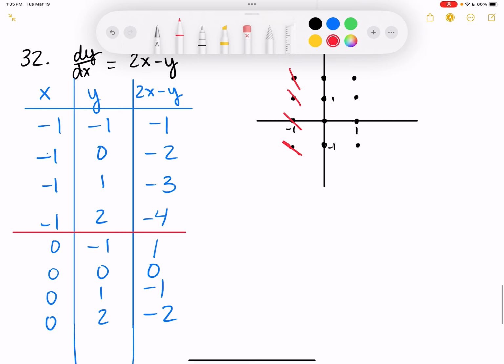So at 0, -1, we have a slope of 1. At 0, 0, it's a slope of 0. At 0, 1, it's a slope of -1. At 0, 2, it's a slope of -2.